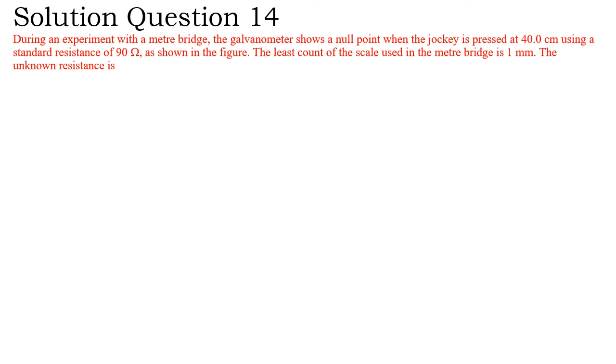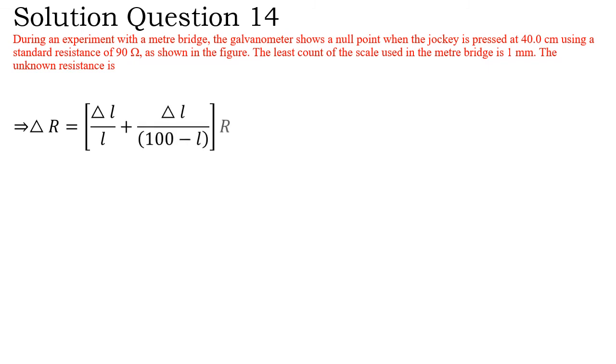Accordingly, if I substitute the value of L dash as 100 minus L, then the same equation reduces to delta R is equal to delta L by L plus delta L by 100 minus L, multiplied by R. So this is the equation that we have obtained now. We have made the cross multiplication and substituted L dash is equal to 100 minus L.